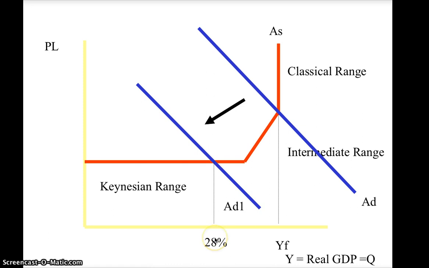So as real GDP gets smaller, unemployment gets bigger. So over here would be 30%, 35% unemployment, 50% unemployment, and so on. And as real GDP grows, obviously more people are working, and so you're working down from 28% down to 4% at full employment.